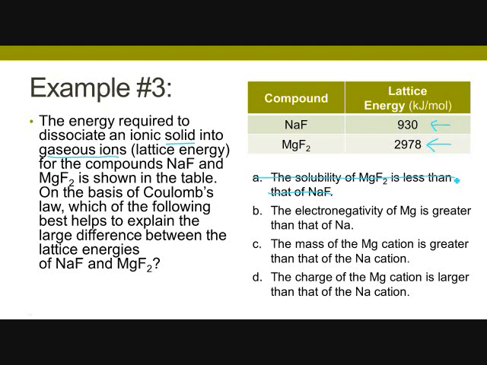The electronegativity of magnesium is greater than that of sodium. That is true. If you look on the periodic table, magnesium is next to sodium, and it is one step closer to fluorine, so that means that, yes, it has a higher electronegativity. But electronegativity means that it wants electrons. And do cations want electrons?